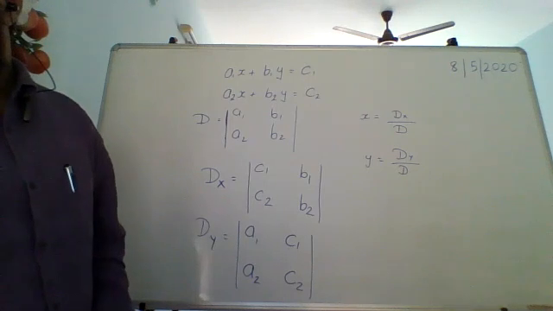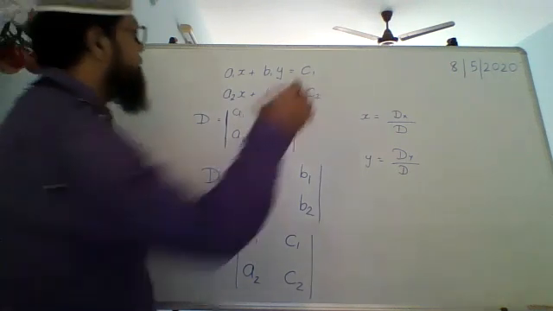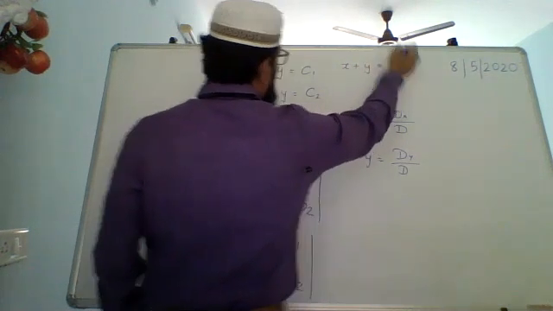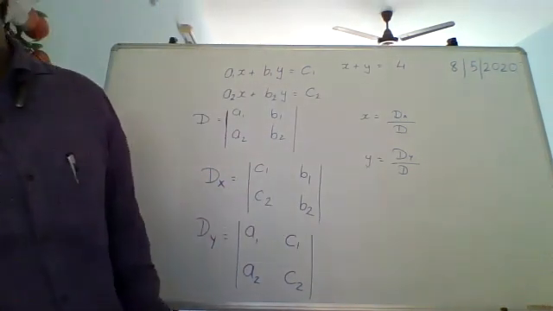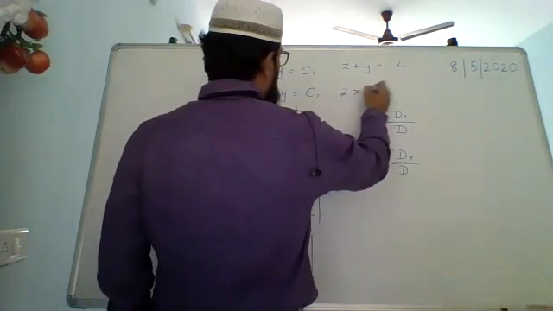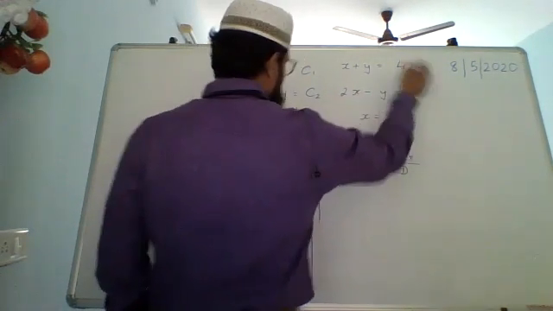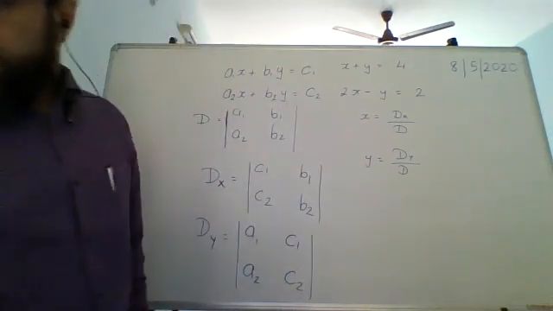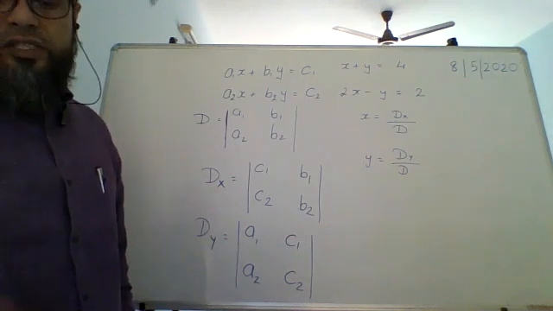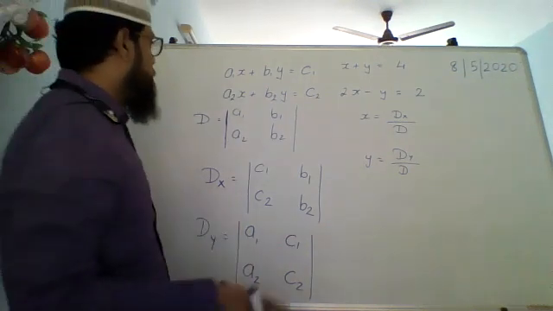It was x plus y equals 4, and the second one was 2x minus y equals 2. For this, we had got the answer 2, 2.